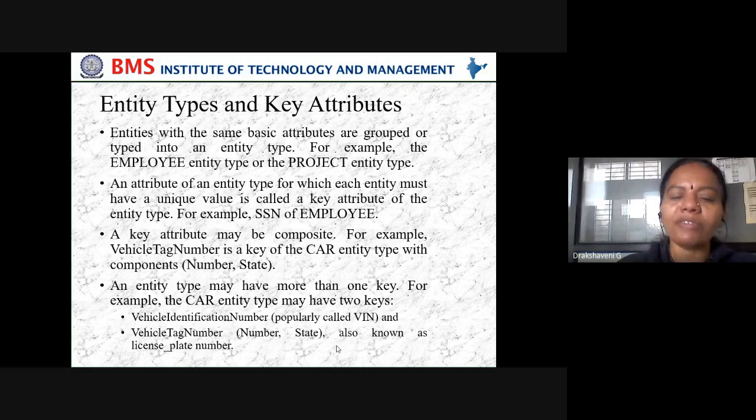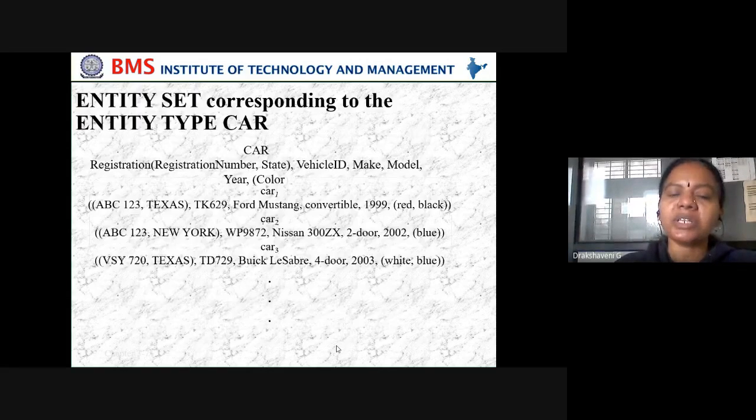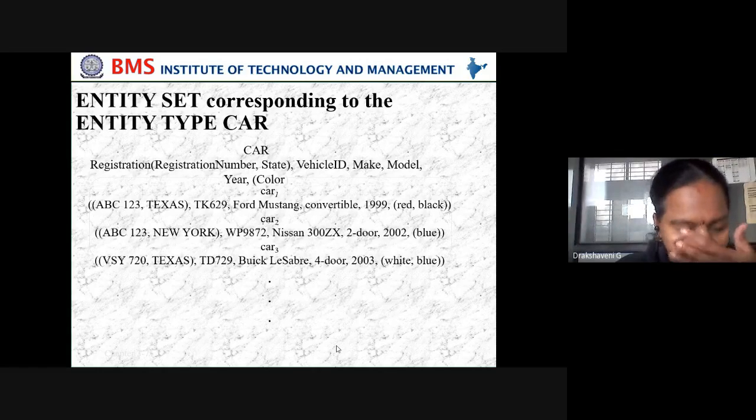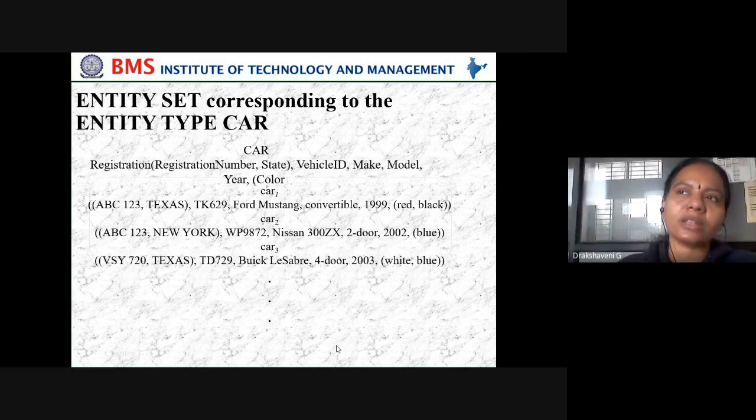A car can be identified by a vehicle identification number, or we may have a vehicle tag number or a license plate number. These are the ways we can identify a car. That's the example here. An entity is a collection of cars, and we say which company manufactured them, whether Tata or Maruti. Putting all those together is called an entity set.